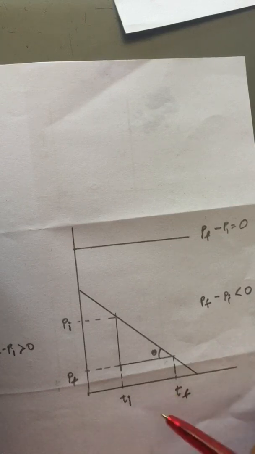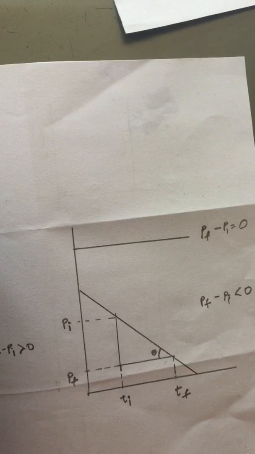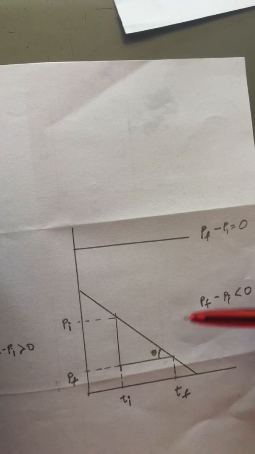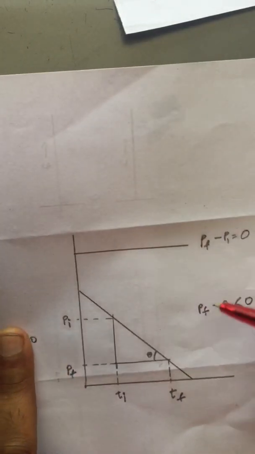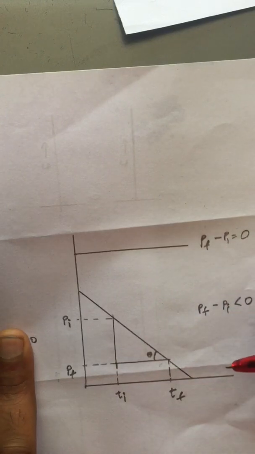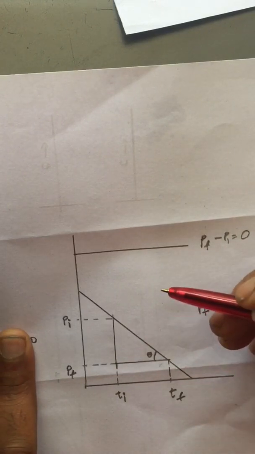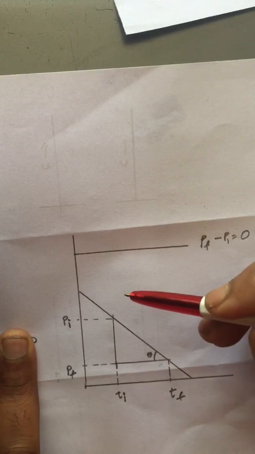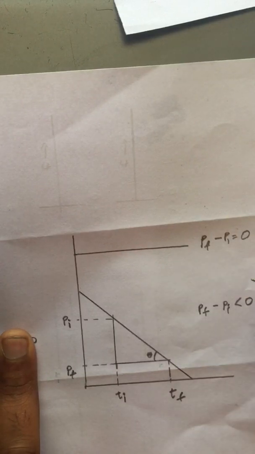This value, of course, t final minus t initial is always positive, and therefore in this case, we find this kind of a slope is called a negative slope, and the velocity in this case is said to be negative.